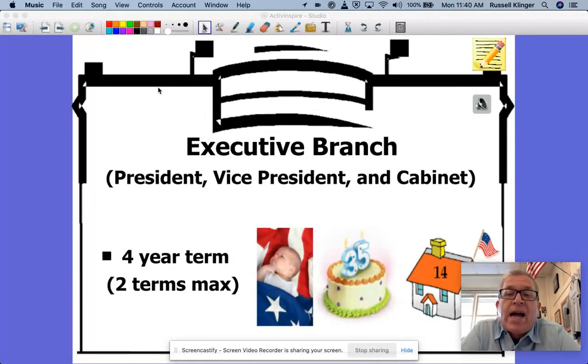And the story behind that goes basically that when President Washington was entering rooms early on in his presidency, a lot of people didn't know he was in the room because he wasn't announced.